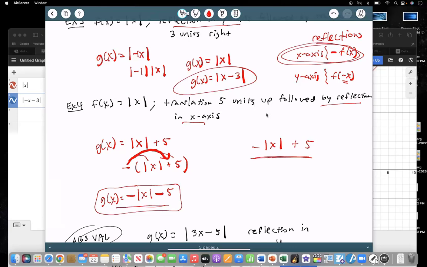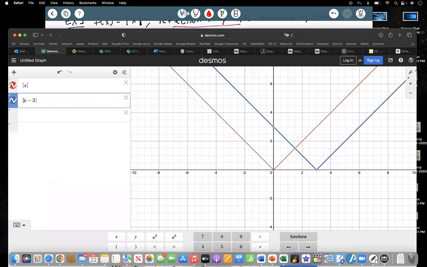And if you looked at that visually, right, the first scenario we said translated 5 units up. So now it's the blue one up here, and then reflect it. So that means if I reflect across the x, I would want it to be upside down here, right? Do a complete reflection. So I'd have to make that negative.